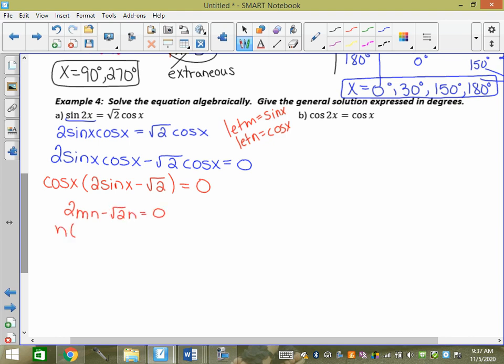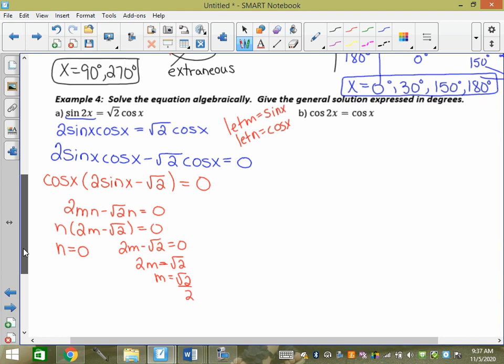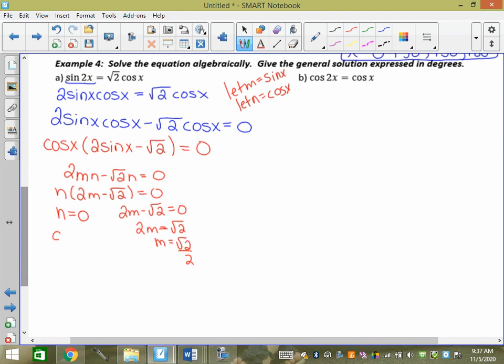Take an n out. n times 2m minus root 2 equals 0. So n equals 0, and then 2m minus root 2 equals 0. 2m equals root 2, so m equals root 2 over 2. And then n is cos x, and m is sine x.